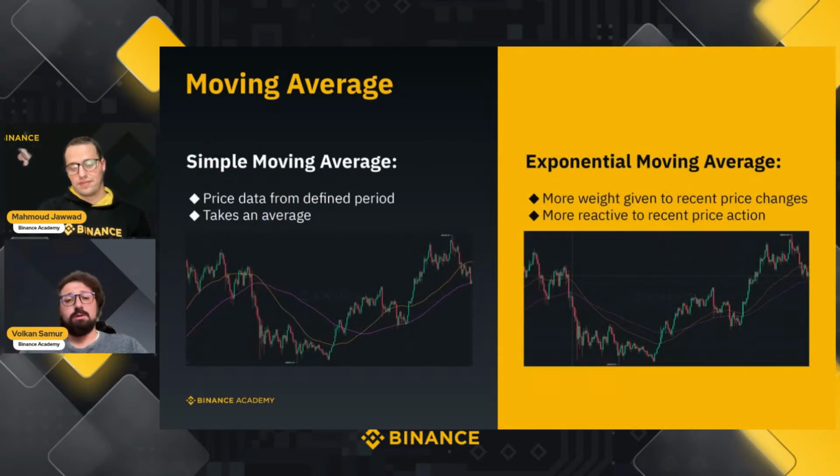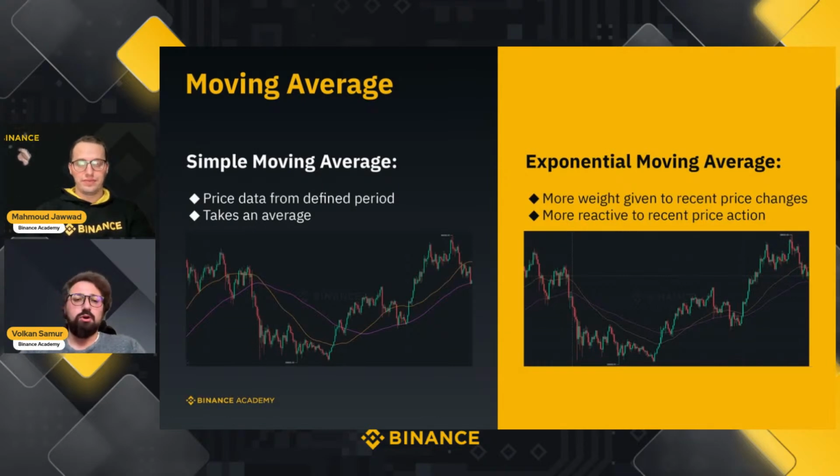Another very commonly used indicator, maybe even one of the most commonly used ones, is moving averages. The moving average smooths out the price action by filtering out market noise and highlighting the direction of the trend.